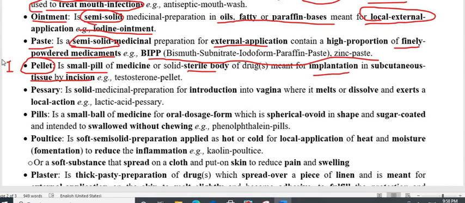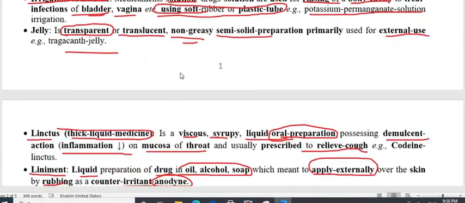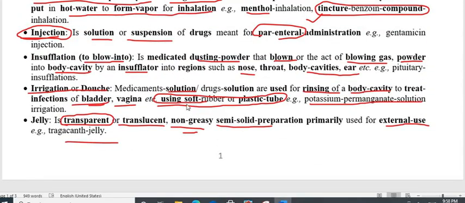Now is the pessary. Pessary is similar to one more term that we discussed, irrigation. Irrigation is only the washing of a body cavity, like the female genitalia and the bladder, to remove infection. But here the liquid is in solution form, and it is used for rinsing the body cavity.